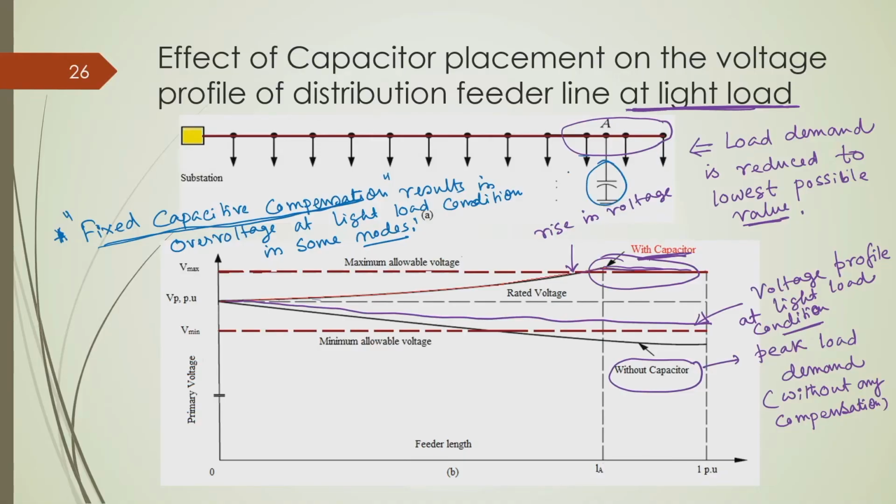Although in the figure it is shown as a single capacitor, actually it is a capacitor bank, where we have multiple capacitors connected in series parallel fashion. They are connected to switches for the switchable capacitor, and for the fixed capacitor they are directly connected and kept in service throughout the day, throughout the year.